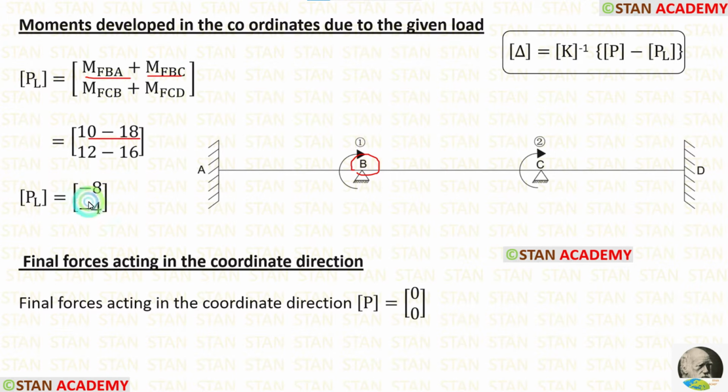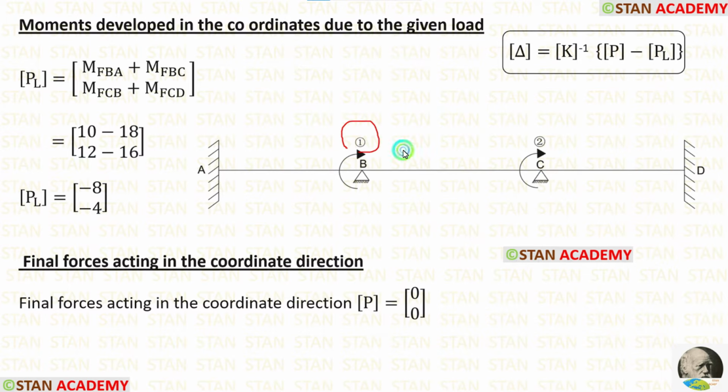Let us add them. After adding, we are getting minus 8. In the point C also, we have calculated two fixed end moments, M of CB and M of CD. Let us add them. After adding, we are getting minus 4.